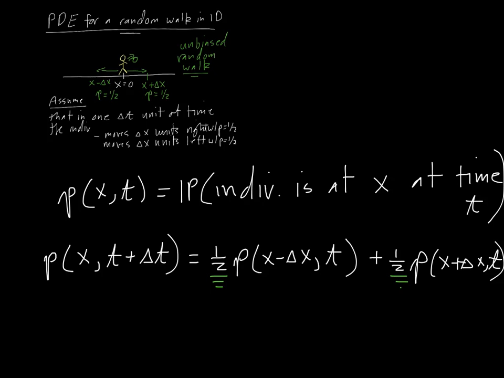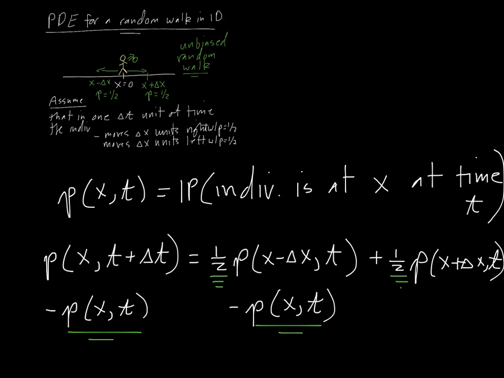Okay? And then the next thing that we do is we do some sort of mathematical sleight of hand, and this helps a lot when you're deriving equations for systems here. What we do is we simply subtract p of x comma t from both sides. Now, unless you had some experience doing this, you might not know why you would, but once you see what happens, it becomes relatively slick to see, and maybe you'll try that with a subsequent model that you're trying to create.